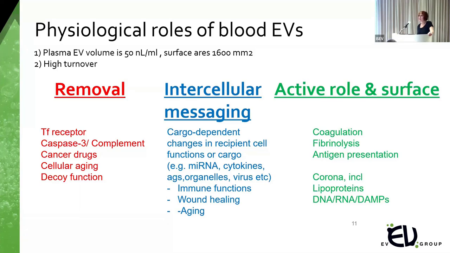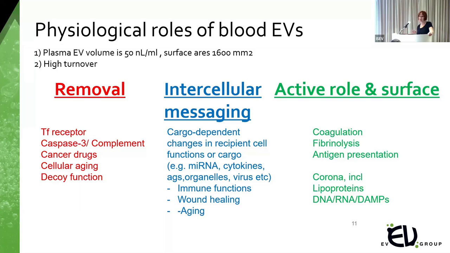What we are very interested in is the roles that are played between cells. What I mean is that there is certain cargo in the EVs, and when a recipient cell takes it up, it changes either its function or its own cargo, such as the transcriptome. And there are so many different examples in the literature for what blood EVs can do.